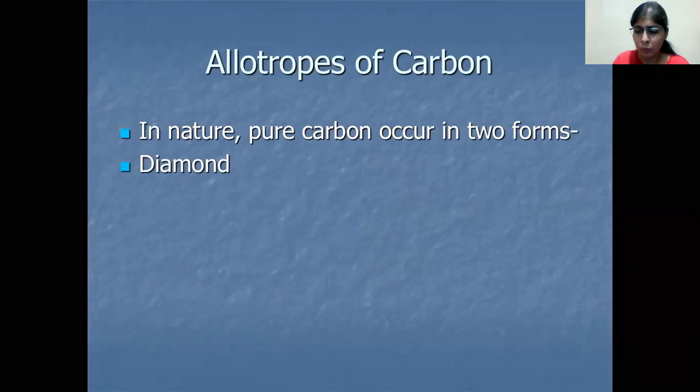And as we know, what are the allotropes of carbon? What do you mean by allotrope? Allotropes are forms of one element that can be present in many forms, like hydrogen, which is present in three forms.